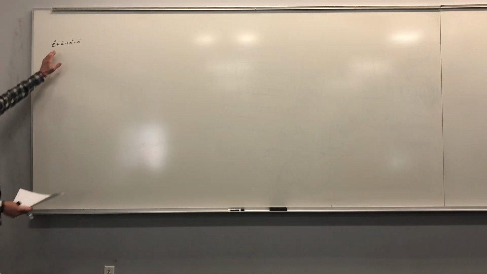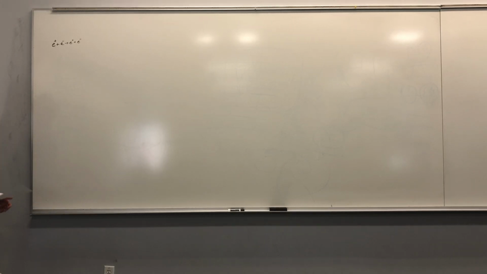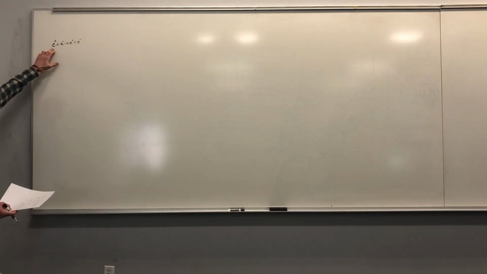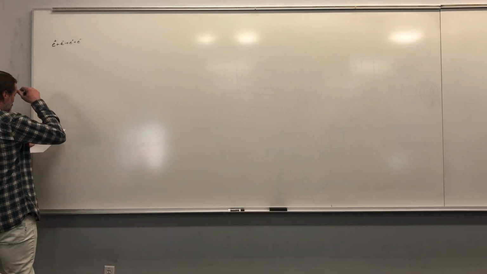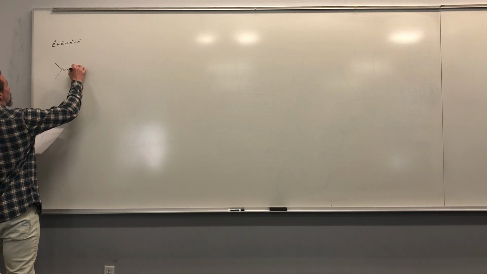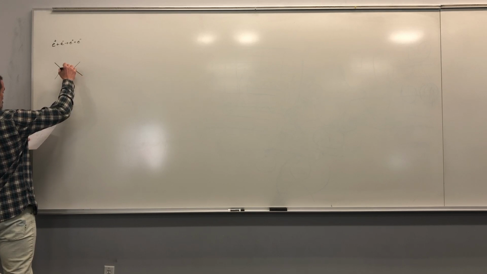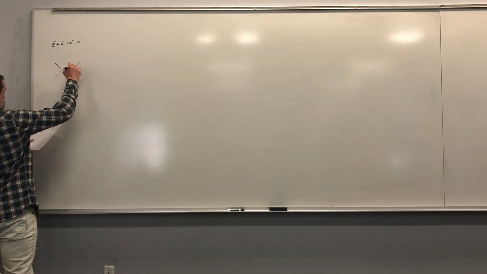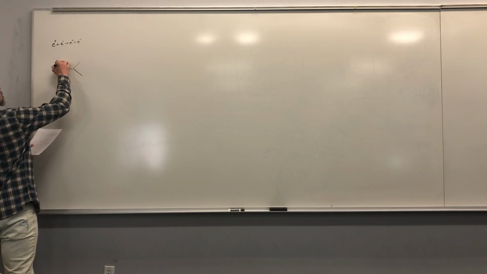Okay, so if we consider the scattering of an electron and a positron, positron's just E+, then there are two diagrams that contribute, and I won't label everything. Okay, so there's a positron.